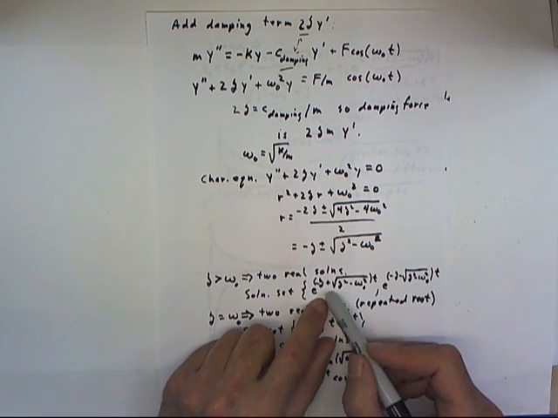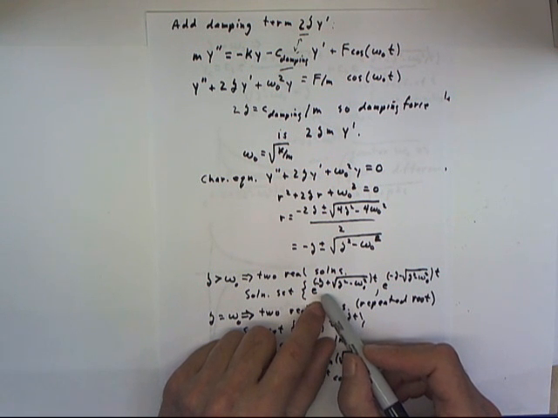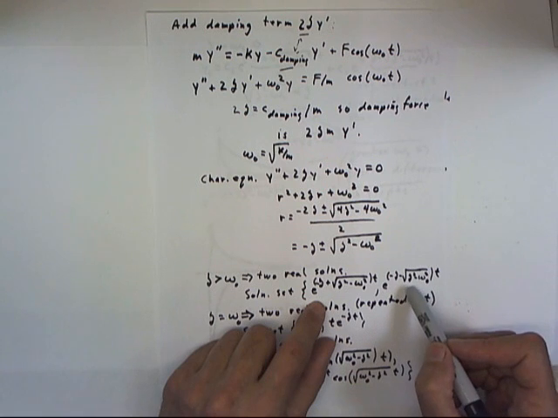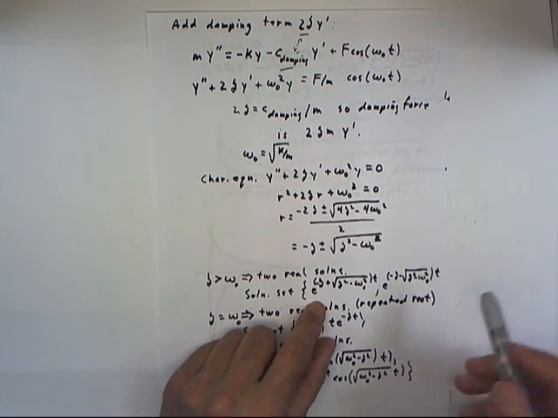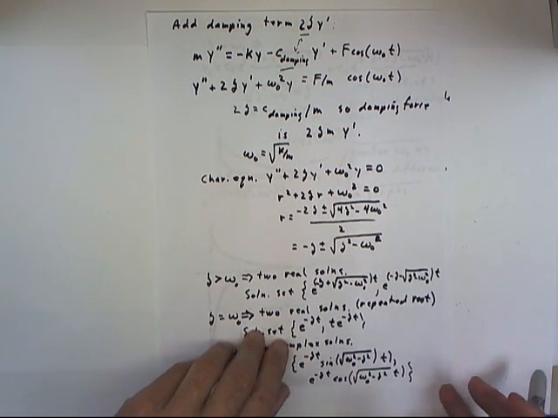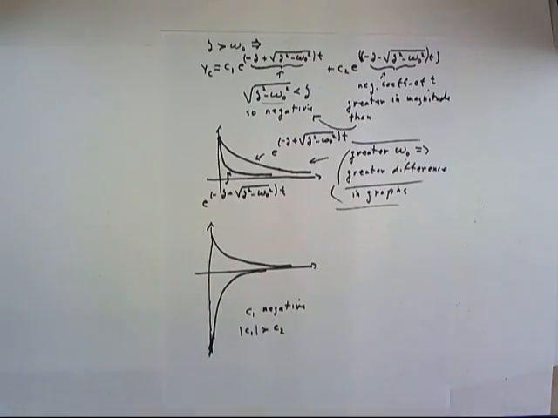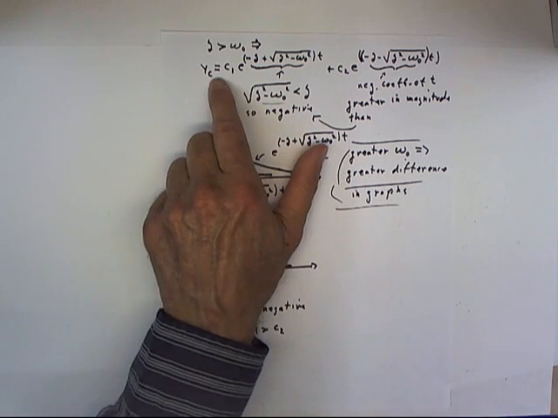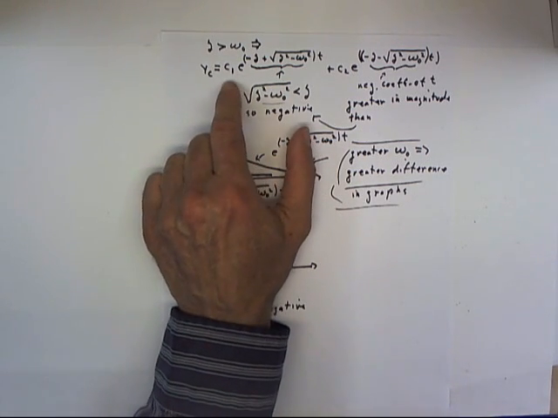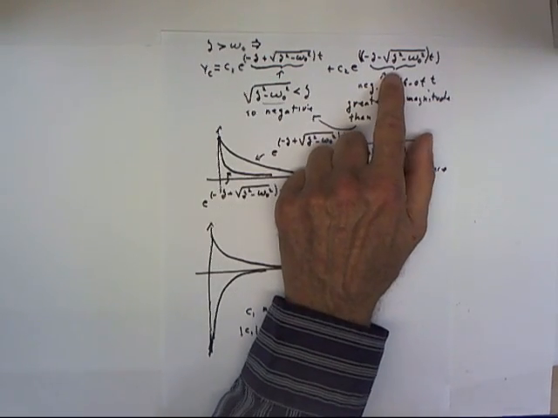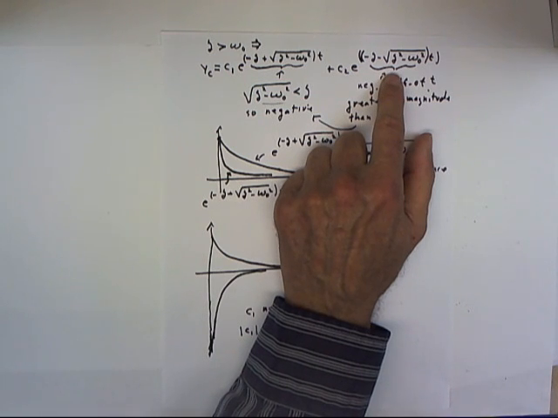We'll establish in a minute that both these coefficients are negative, one being negative delta plus the square root, the other being negative delta minus the square root. So our characteristic solution then is going to be a linear combination of these two exponential functions.